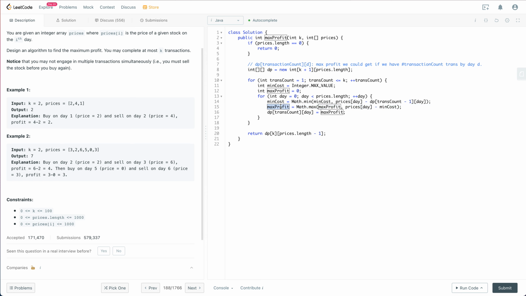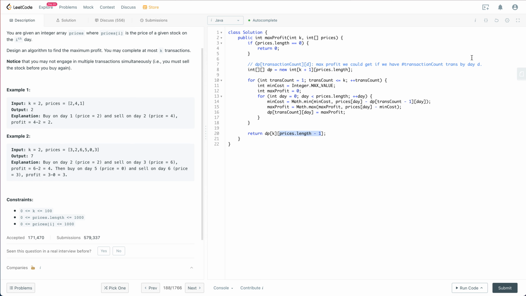So that's the maximum profit we could get by performing this many transactions by this day. And finally we just return dp[k][prices.length - 1], which means if we perform k transactions by the last day, what is the maximum profit we could get.